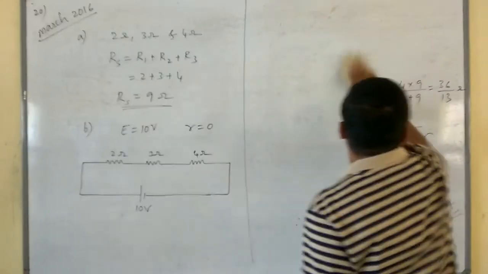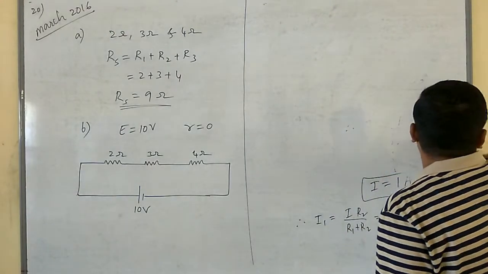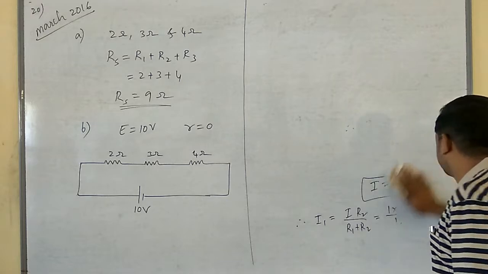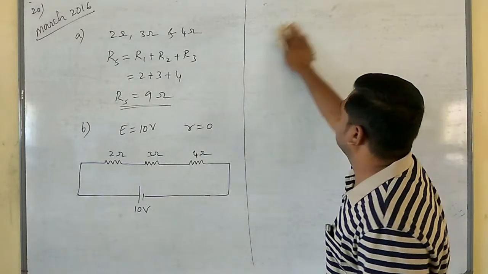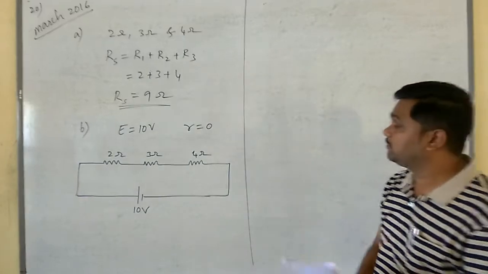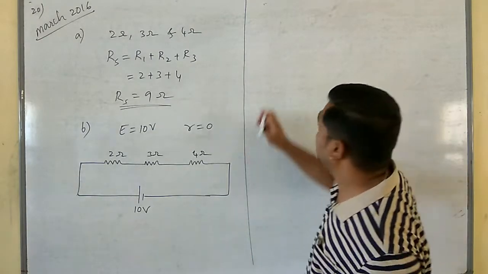To find the potential drop, one of the must-have conditions is we should have I. It means the value of I has to be known. How to find the I?